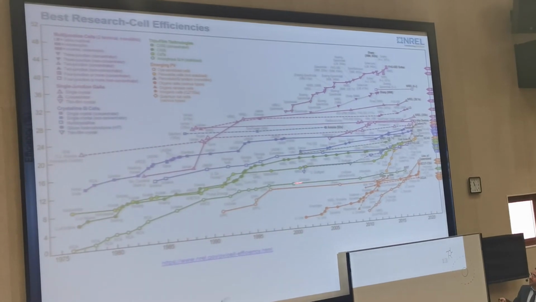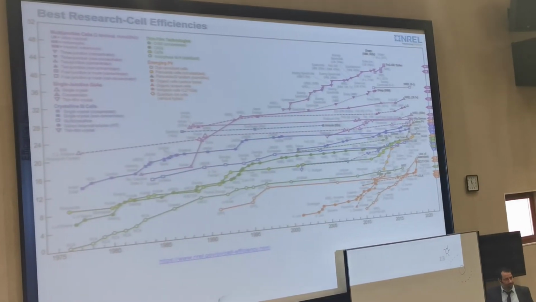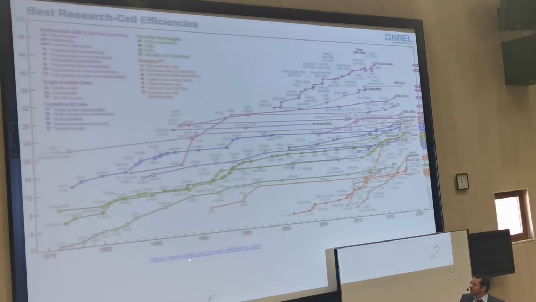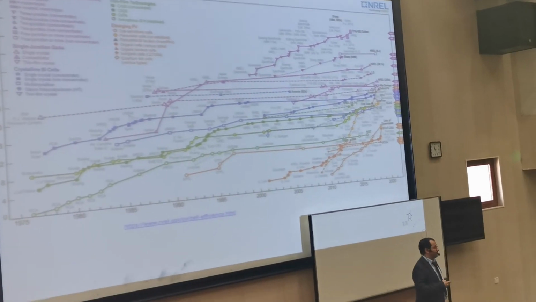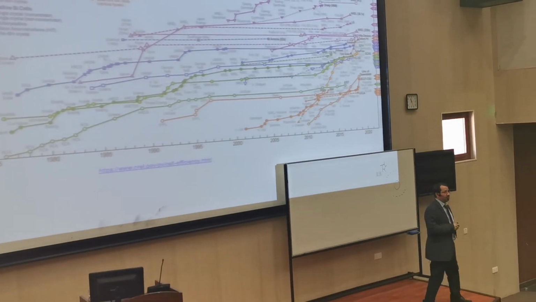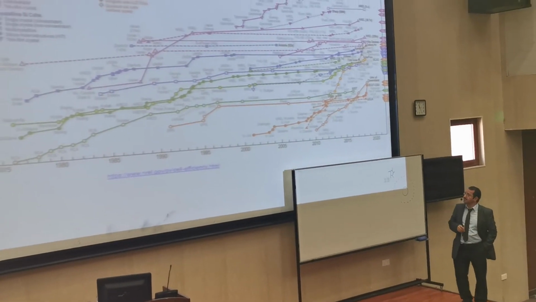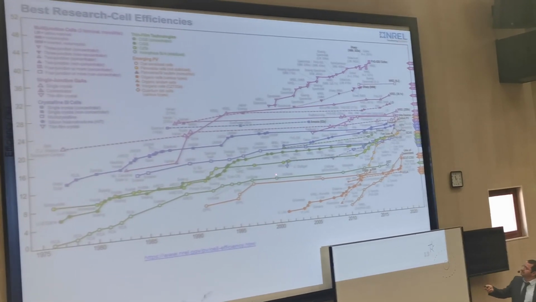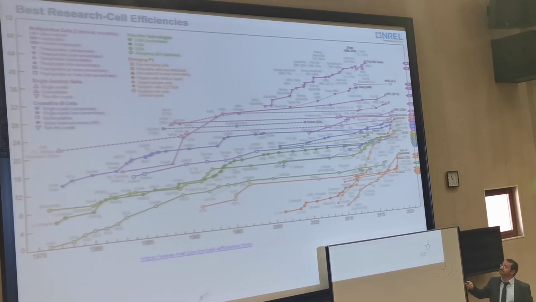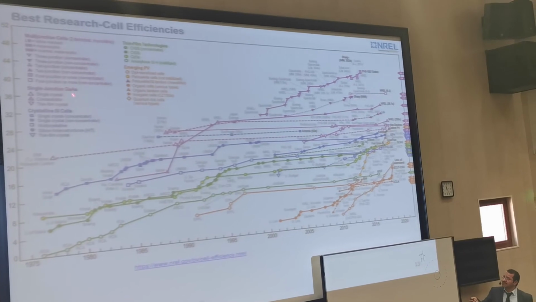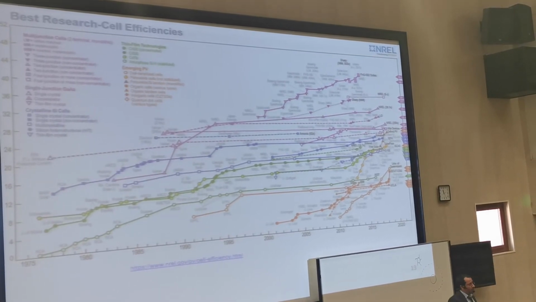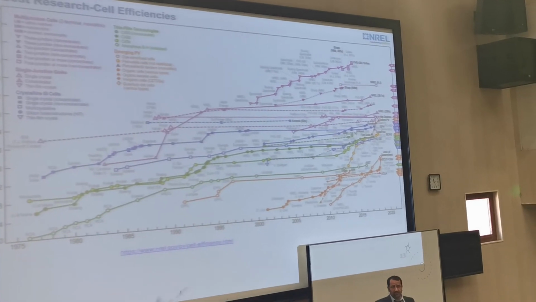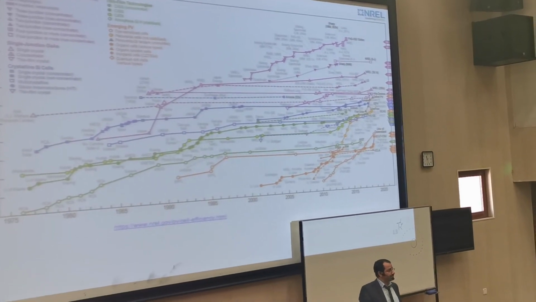This is one of the well-known charts, produced every once in a while by the National Renewable Energy Laboratory, which is one of the main and important laboratories in the world, in the US. Each color represents a different technology: polycrystalline, monocrystalline, tandem, as an example, and amorphous.